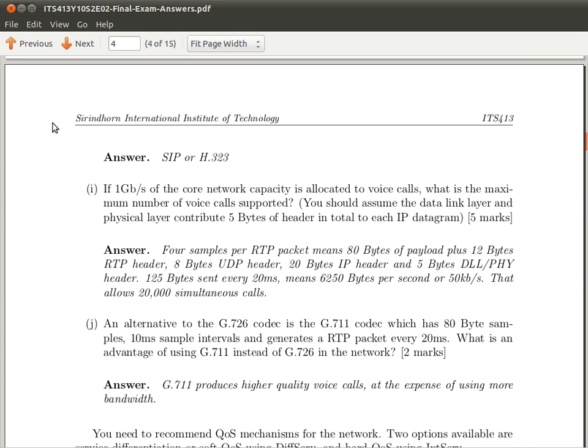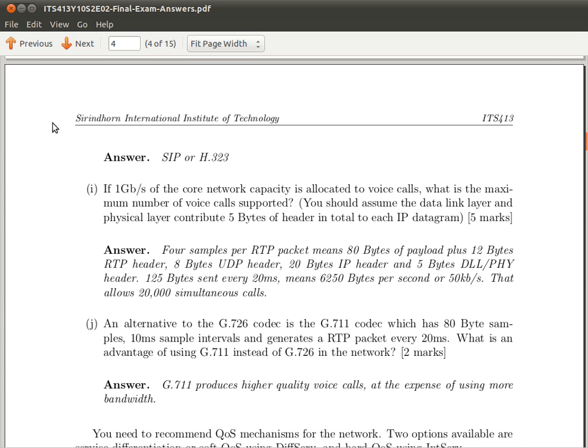4 samples per RTP packet means 80 bytes of payload, plus the RTP header of 12 bytes, 8 bytes of UDP, and 20 bytes of IP, plus 5 bytes of data link layer. I think that's in the question, which totals up to 125 bytes per packet sent by your computer across the link.